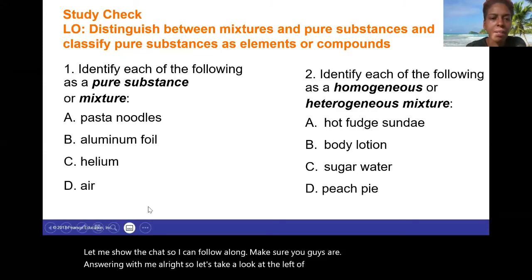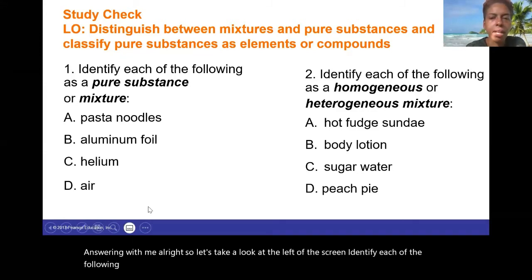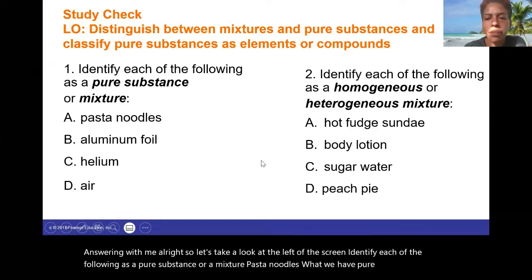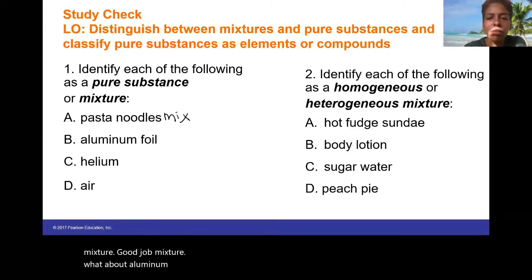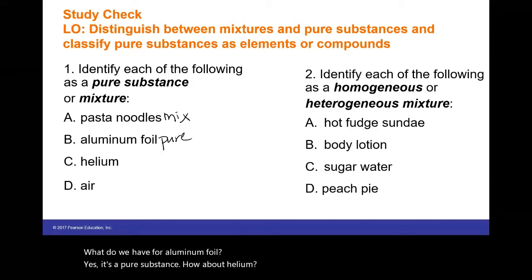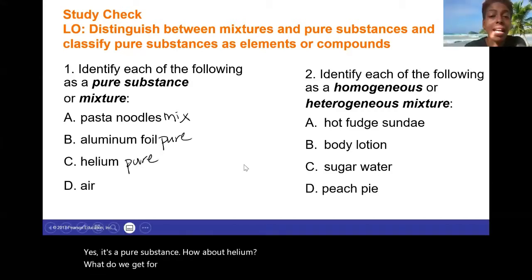Identify each of the following as a pure substance or a mixture. Pasta noodles, what do we have? Pure substance or mixture? Good job, mixture. What about aluminum foil? Yes, it's a pure substance. How about helium? Yes, pure substance. And air.